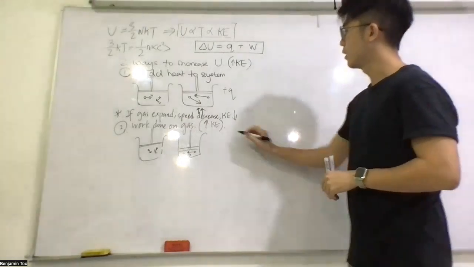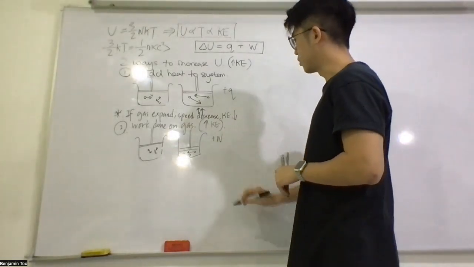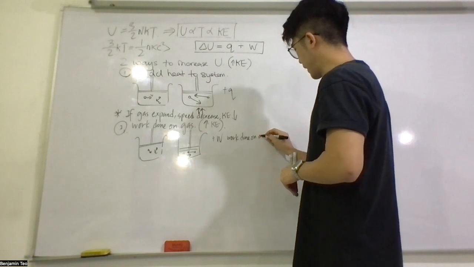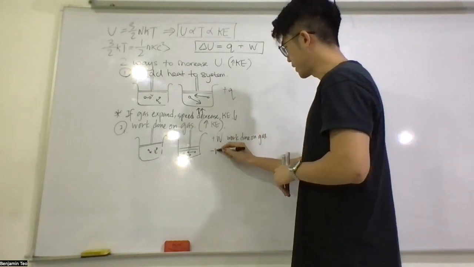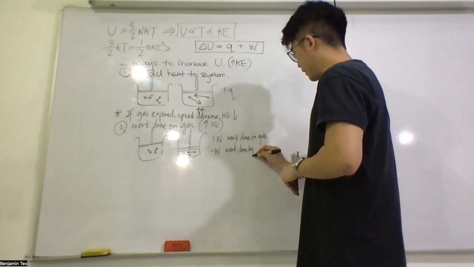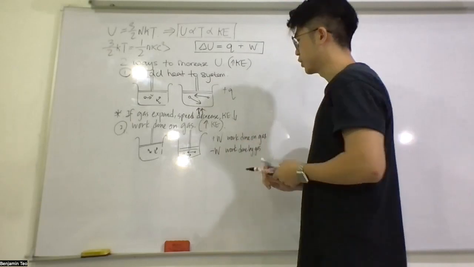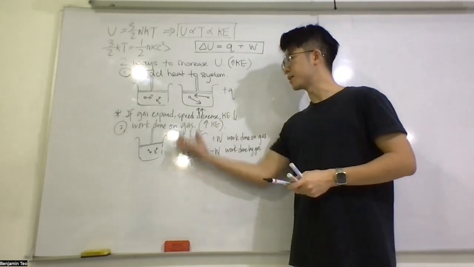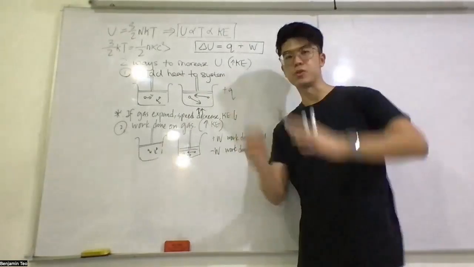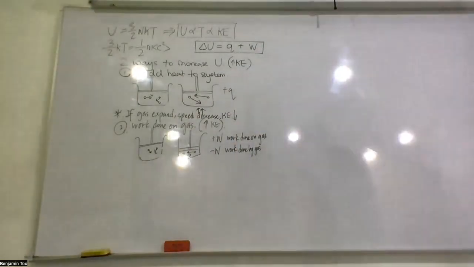Now, also remember, positive W is work done on the gas. If you have negative W, it is work done by the gas, meaning that the gas pushes the piston outward. The gas is pushing, so it is doing work on the piston.